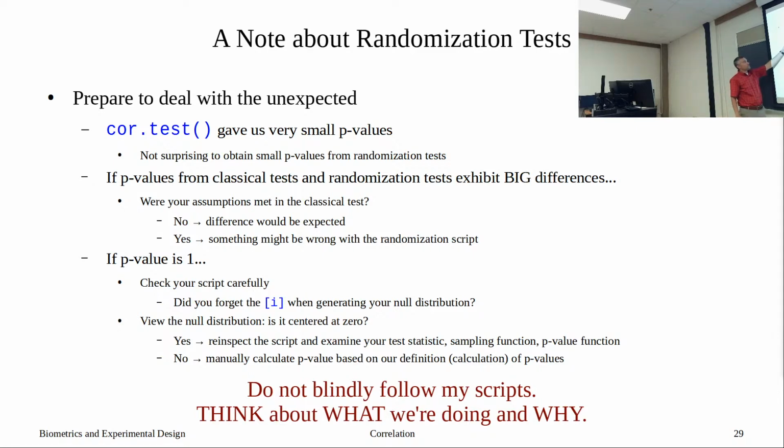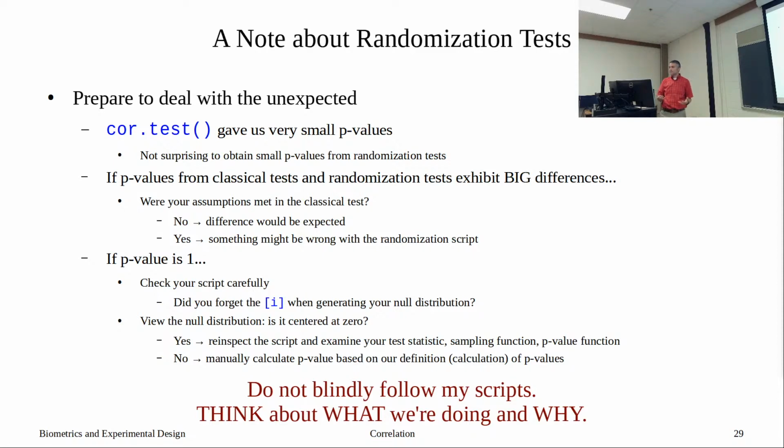But if you do a classical test using cor.test and then do a randomization, you can get some big differences in our p-value. And what counts as big is relative to what our p-values actually are. So a difference between 0.01 and 0.02 is pretty small.